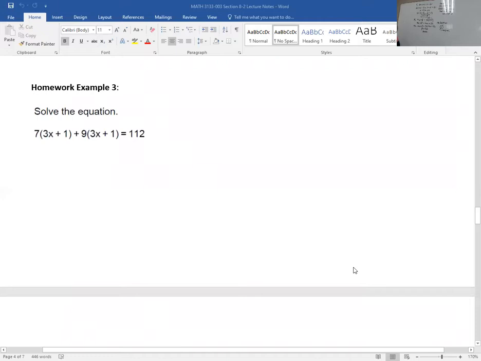Let's look at example 3. Let's say we've got 7 times the quantity 3x plus 1, plus 9 times the quantity 3x plus 1, and that's equal to 112.